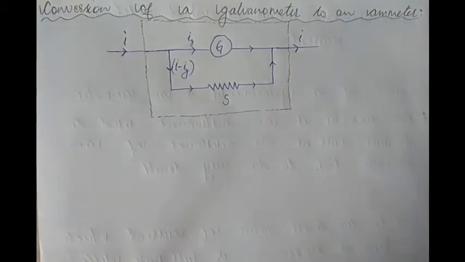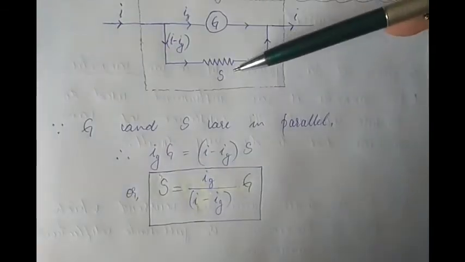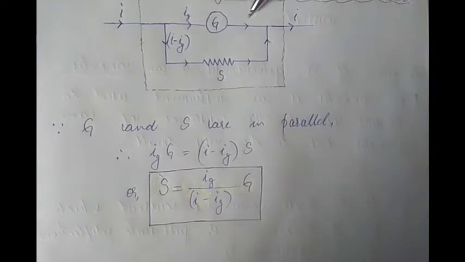Now let us see how we calculate the value of the shunt. Since the galvanometer and the shunt are connected in parallel, the potential difference across the galvanometer should be equal to the potential difference across the shunt.